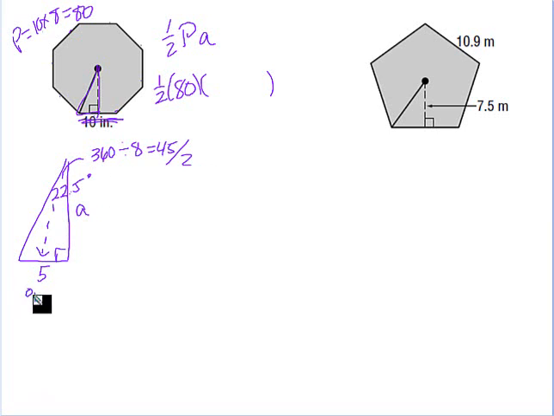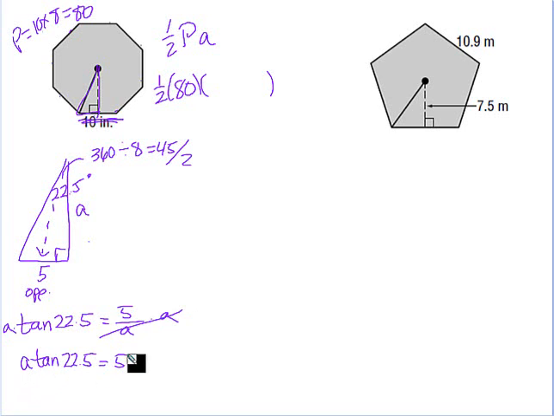Once again, we can use tangent. We have the opposite side and the adjacent. So tangent of 22.5 is equal to 5 over a. Get the a alone, so we multiply both sides by a. So now we have a times the tangent of 22.5 equals 5. To get the a alone, we divide by the tangent of 22.5.